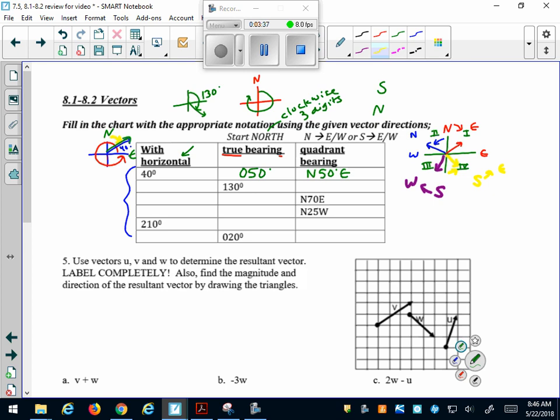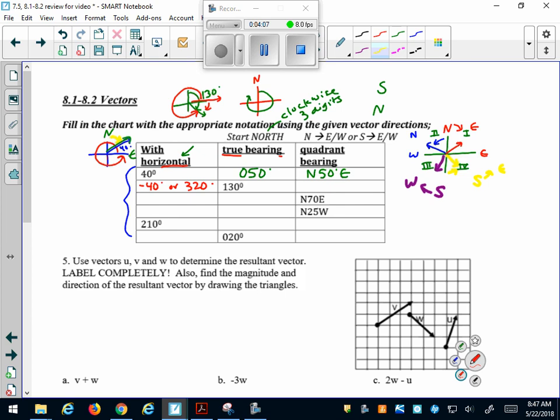From the horizontal, if you go in the negative direction, you've gone 40 degrees into the negative direction. Or if you go the positive direction, starting with the horizontal, you could go positive or negative, we could go around this way, and that's going to be 320 degrees. Okay?